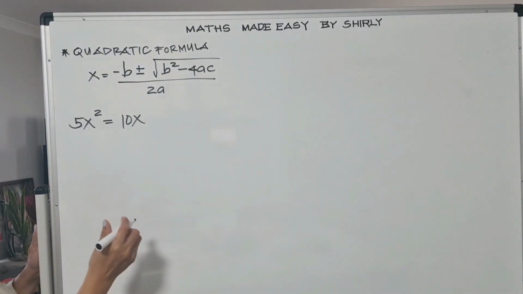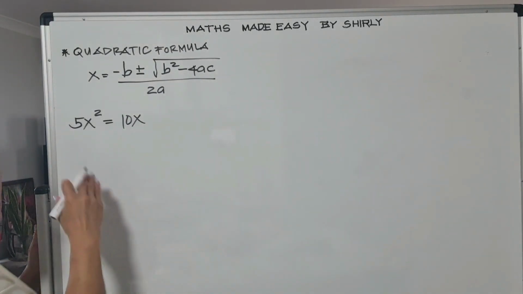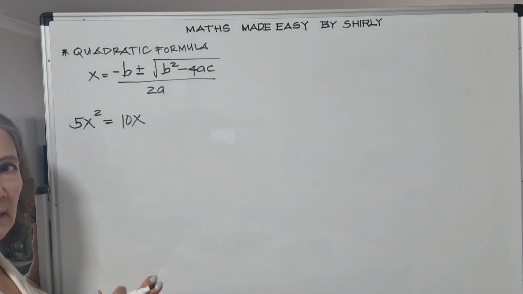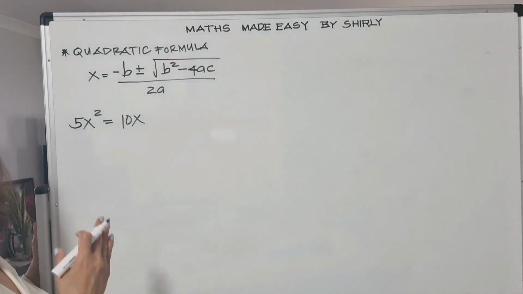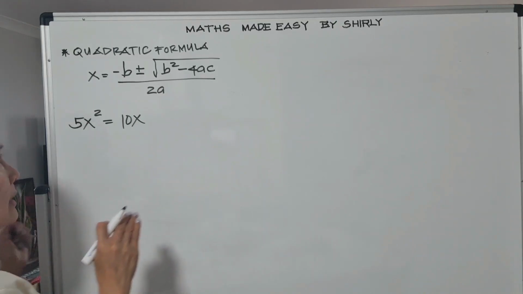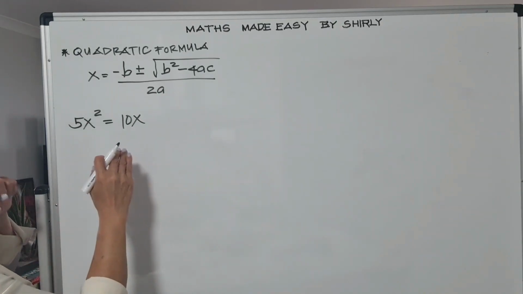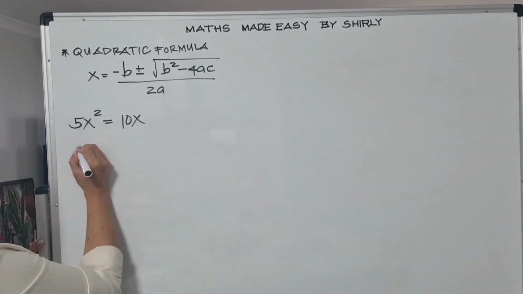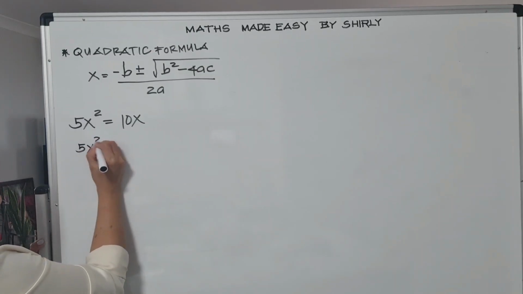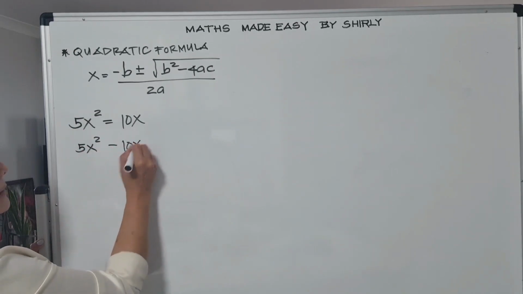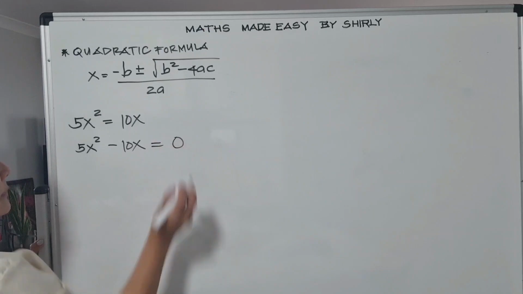If you need to change it into its standard form to find the value of a, b, and c, you do it. If you don't need to, then you can proceed straight away to the application of the formula. But anyway, converting this into standard form, we can say 5x squared minus 10x equals 0.